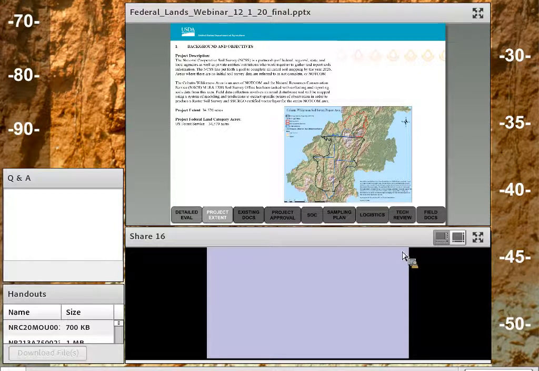Then we get into the background and objectives. And so what I'd like to note here is that for the soil survey offices that are going to be developing these statement of commitments, if you actually look at the National Soil Survey Handbook, Part 610, which we can put a link to for everybody, Subpart B details how we as soil scientists are supposed to develop our project descriptions.